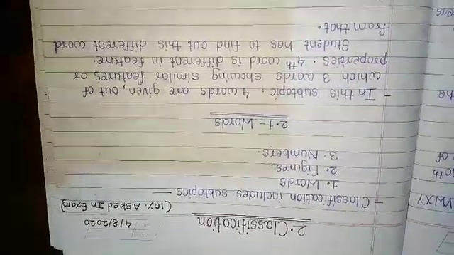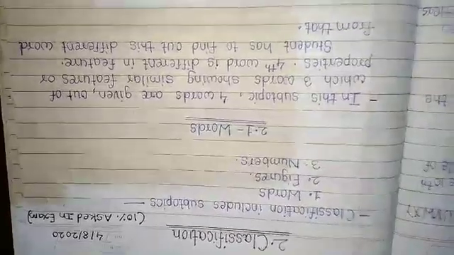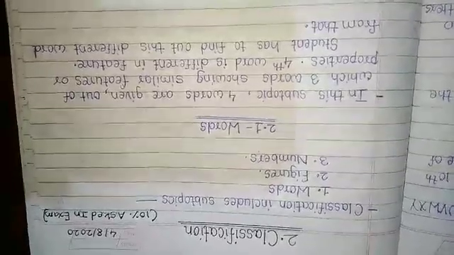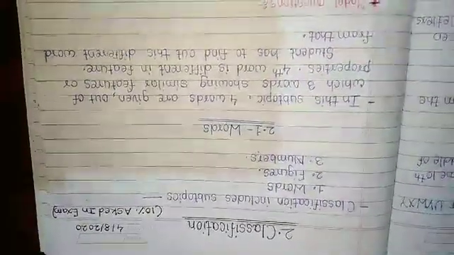From the group of four words, there are three words which are similar in their properties, or there is a similar common factor between these three words, and the fourth word is different. It is just like finding the odd man out from a given list of numbers, but there are only four options in the question. Students have to find out the different word from that. So now we see different questions which may be asked in word classification.